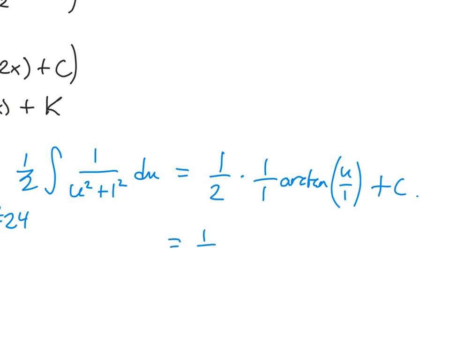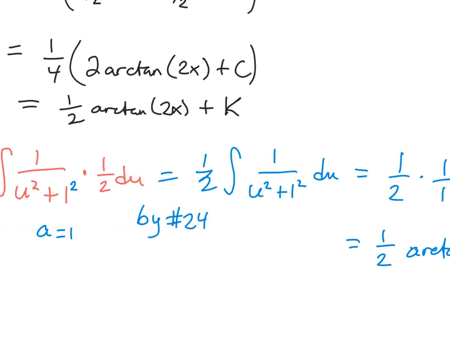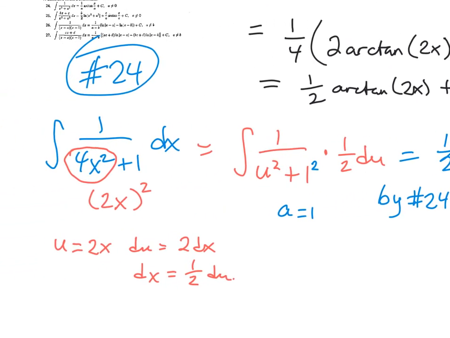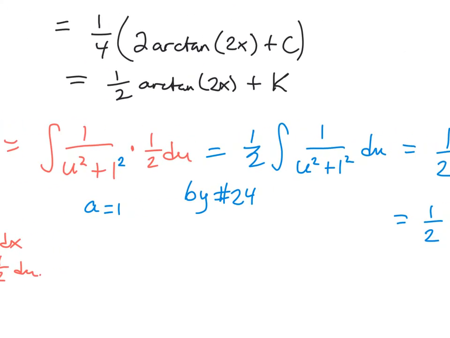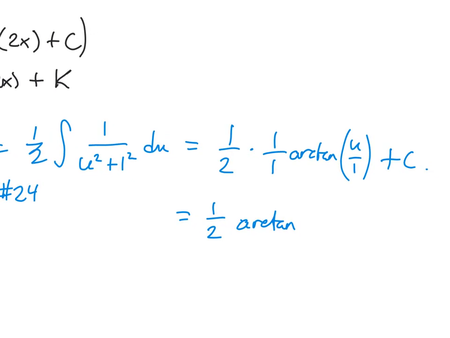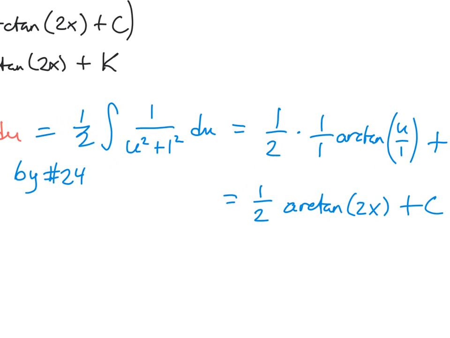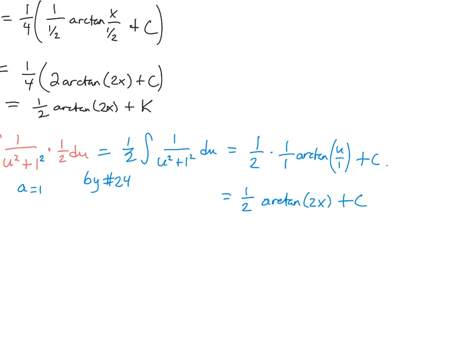which comes out to 1/2 times, and then that's just 1, arctan. And then what was u? Well, u was just 2x. So arctan of 2x plus c, which I think if I zoom out, I'll see that that is the same thing I got earlier.